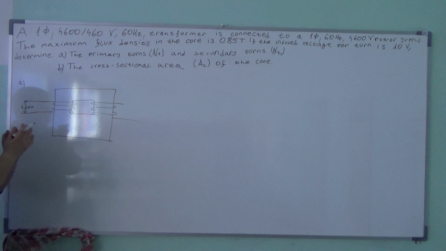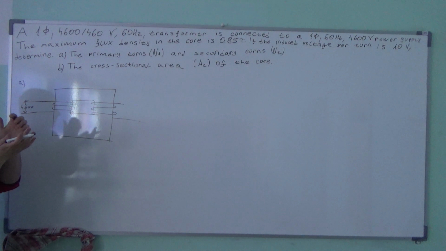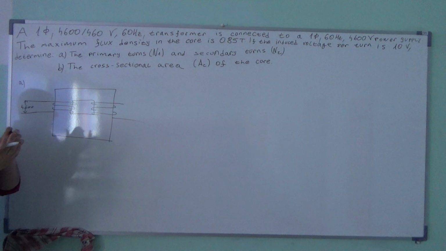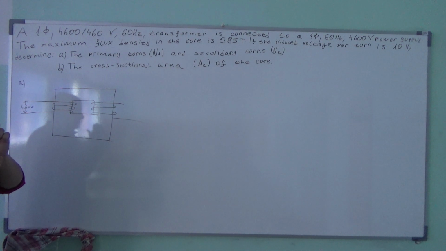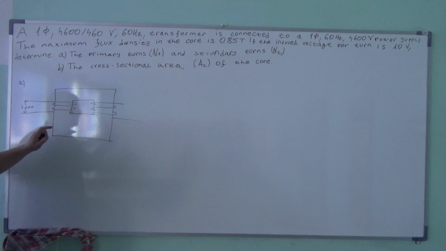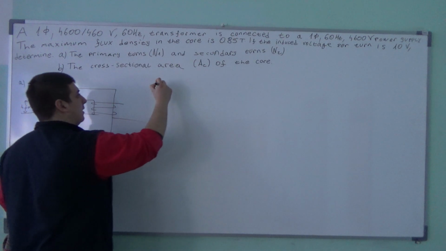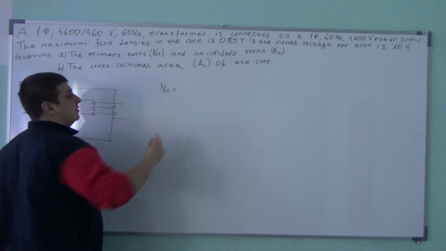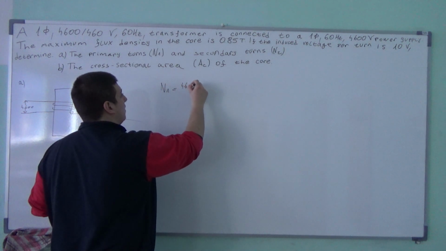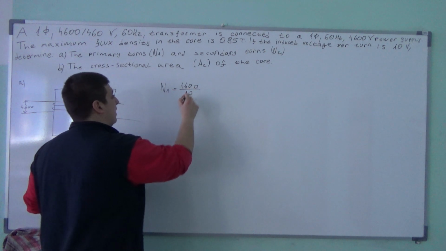So all turns will have 4600 volts induced in itself. So if one turn has 10 volts, that's how the problem says, one turn has 10 volts, then the number of turns on the primary side will be 4600 volts divided by 10. Why?